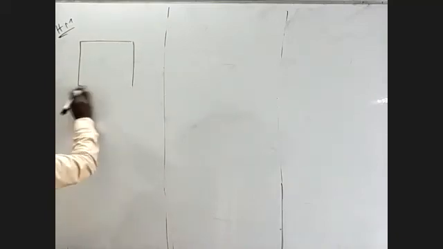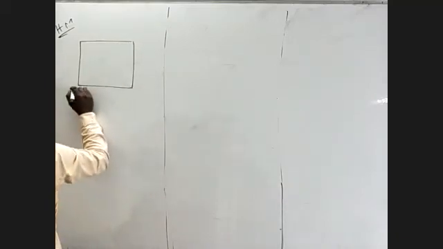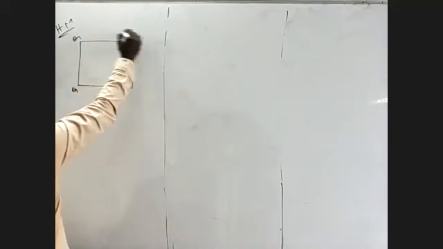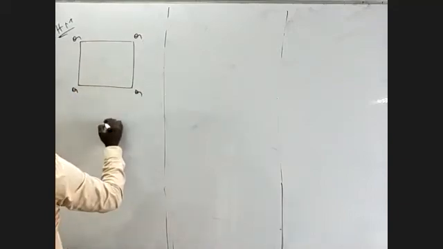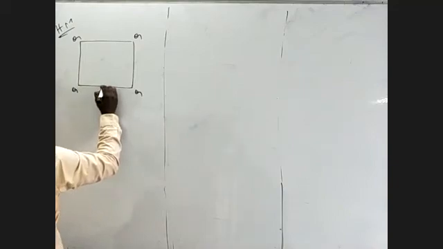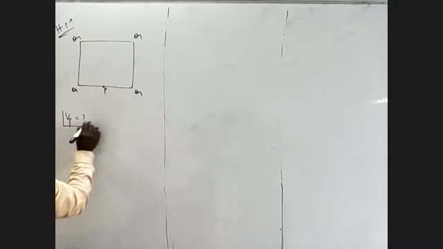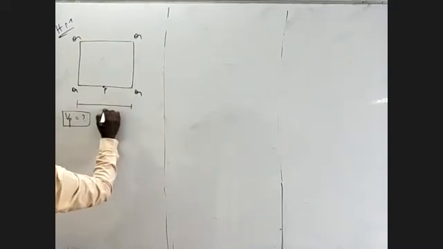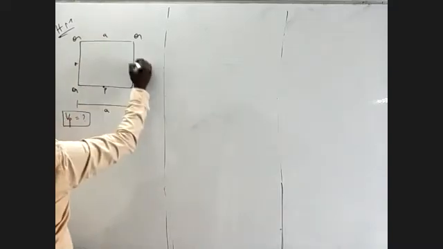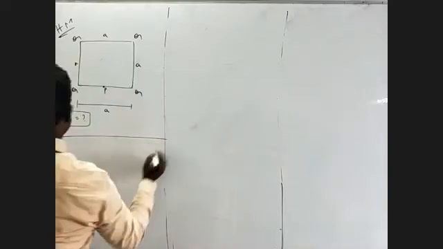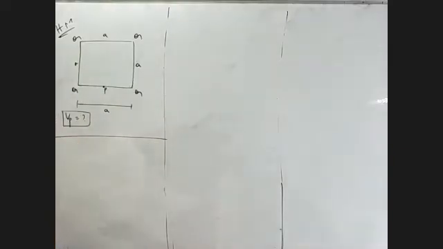I already explained this model in electric field and electric potential. You have to find the electric potential at this point P. Just find the distances from here to here, which is A, and so on. This is homework for you.